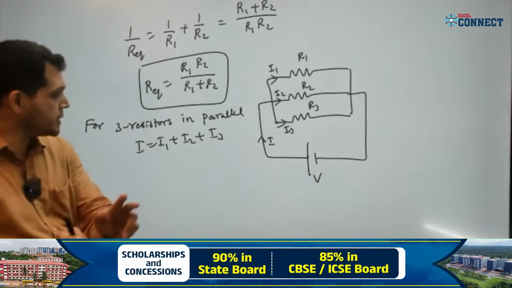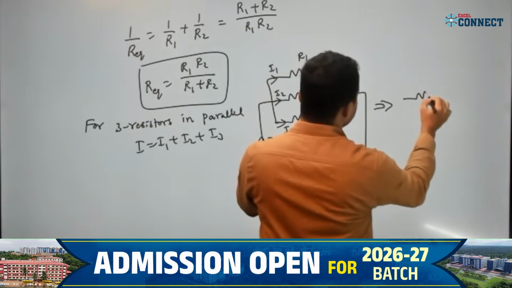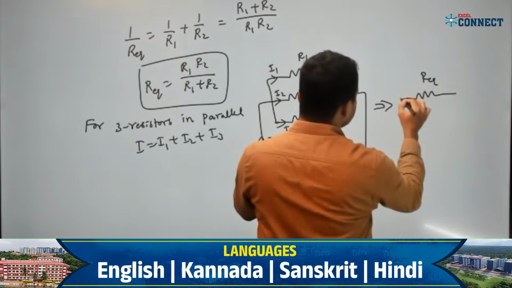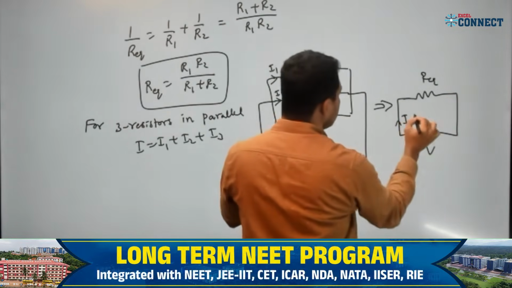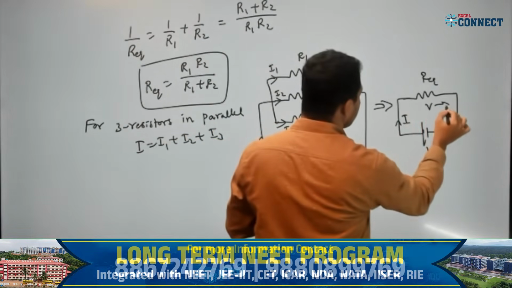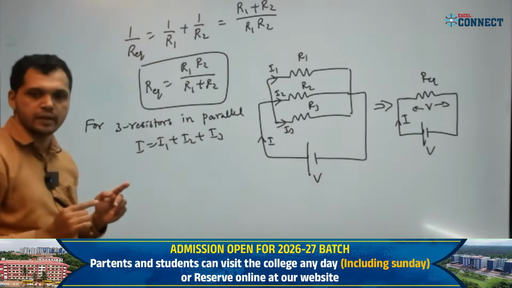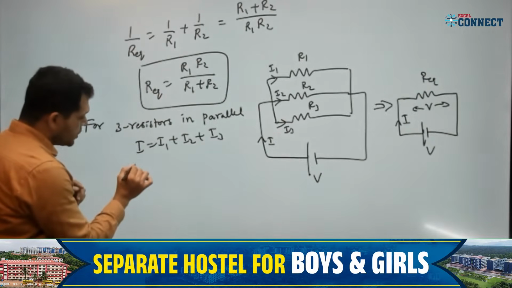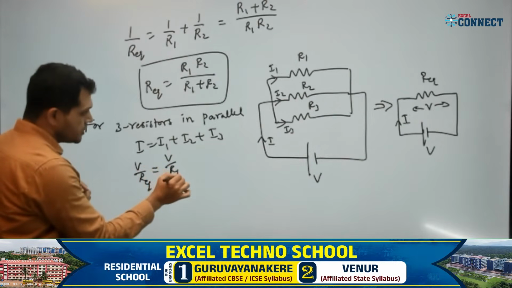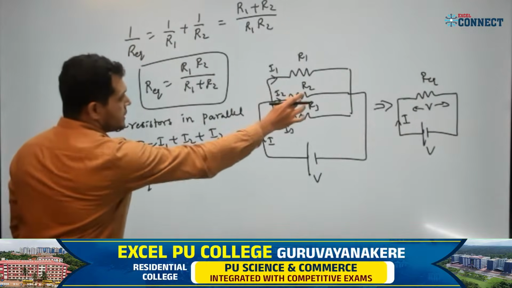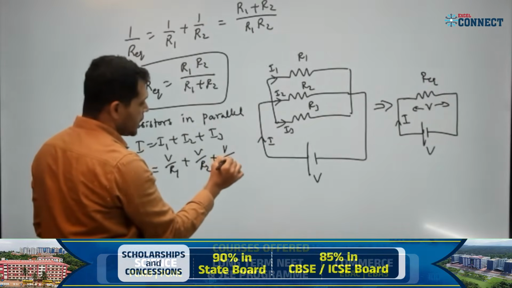So if I use an equivalent circuit for this, a single resistor R equivalent with the same battery V, current I, the potential difference here is V. For the first and second circuit together, I is equal to V by R equivalent, equal to V by R1 plus V by R2 plus V by R3.